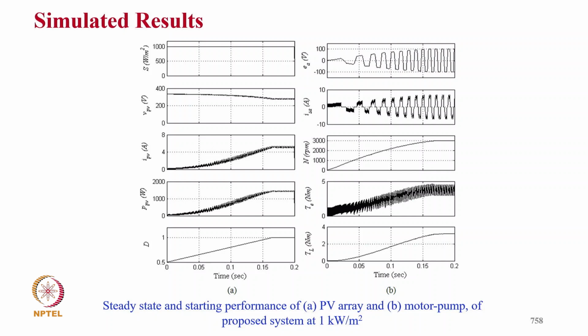So this is the performance during starting, where the PV solar insulation is constant, with PV voltage, PV current, PV power and duty cycle, and the back EMF of phase, winding current, speed, developed torque and load torque.